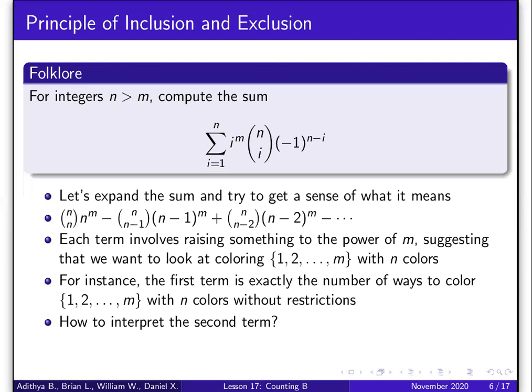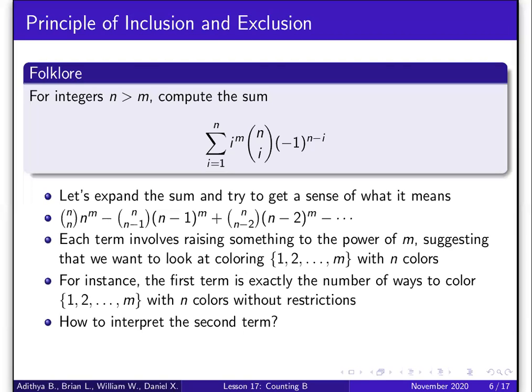So how might we try to understand the second term combinatorially? Well, it's the product of two factors.